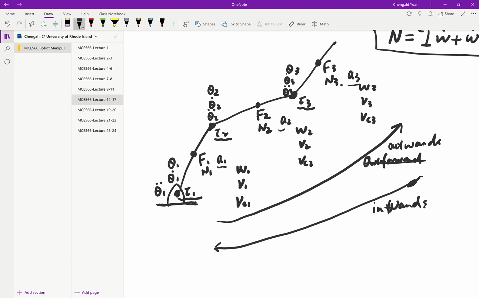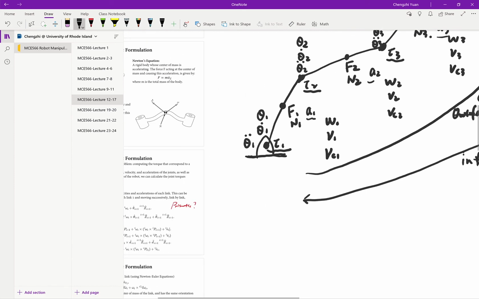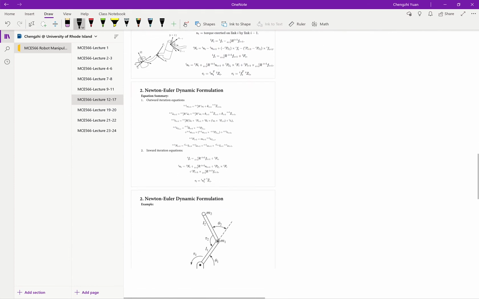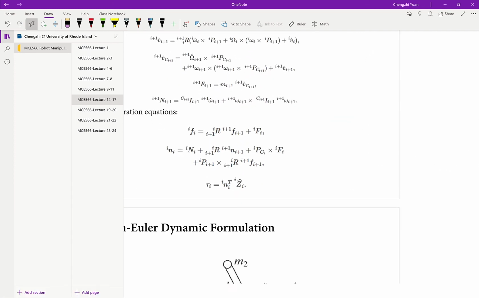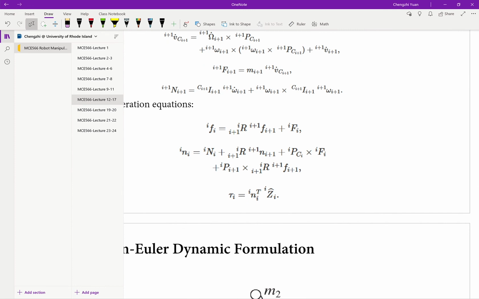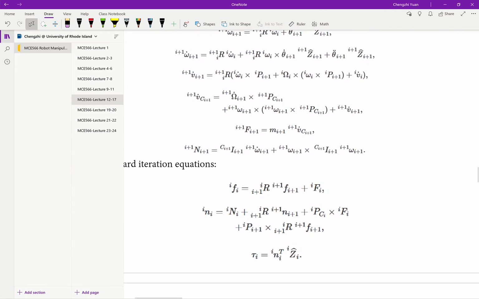For the inverse, we also establish another set of equations. Based on the summation of force you calculated from the previous steps, you can go backwards, or inwards, to calculate how much force or how many moments need to be generated for each of the joints.